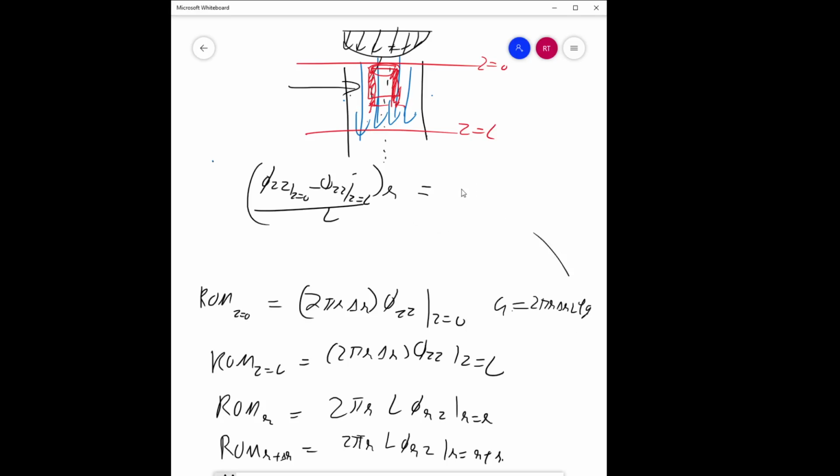The reason for that is if you move this onto the right hand side, what you will get is, okay, I'll just first do it all on one side and then I can explain it to you. So you will just have rho g r plus, here you have delta r by delta r, so phi rz at r minus phi rz at r plus delta r, whole divided by delta r.